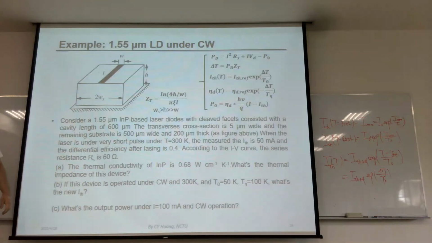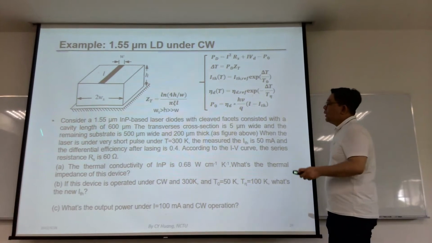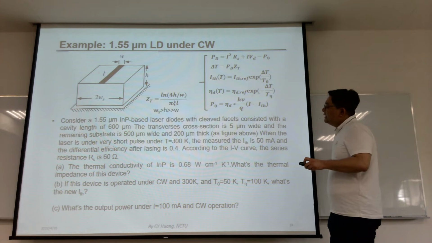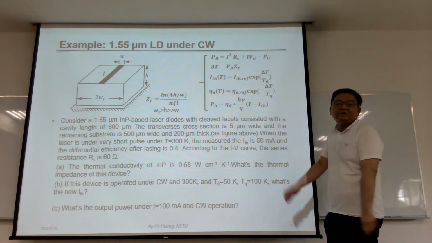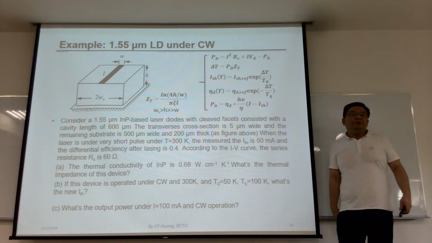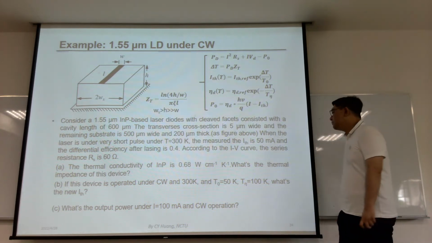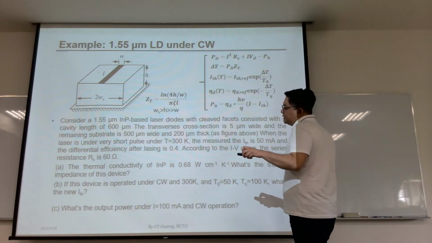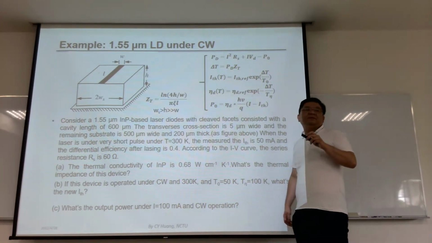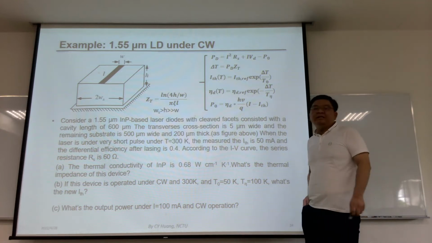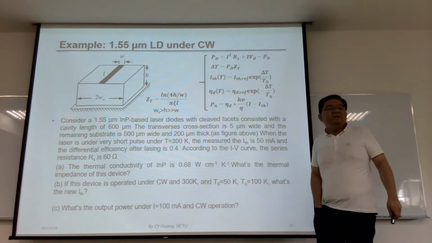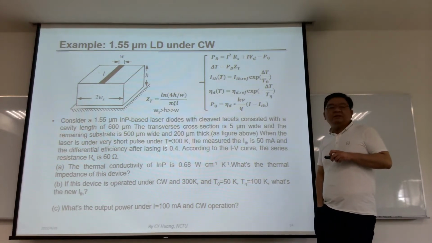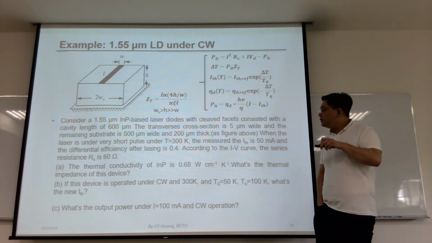It's actually not that difficult. Why? 2Wx is 500, and the substrate after polish is around 200 micron. It's all pretty close to real value. When the laser is operated on very short pulse, we can basically neglect the heating by the device itself, but the environment is 300K.